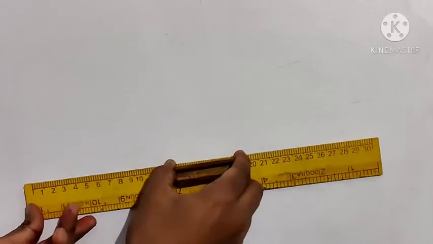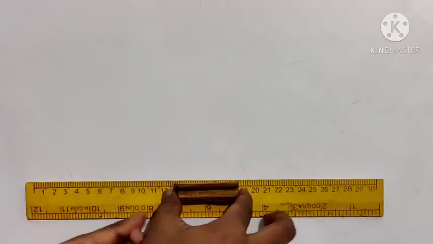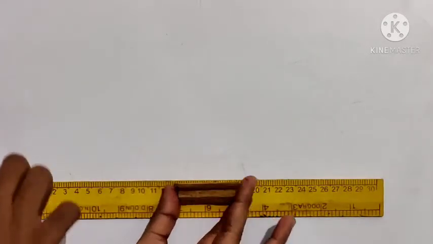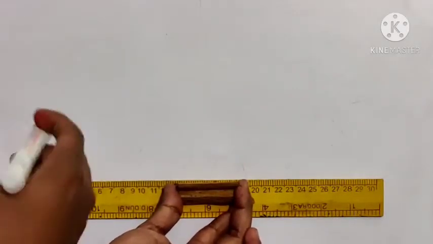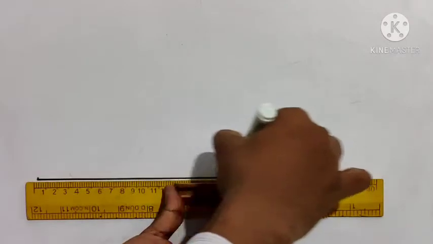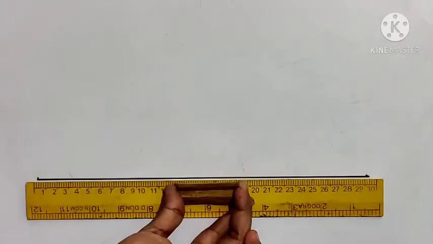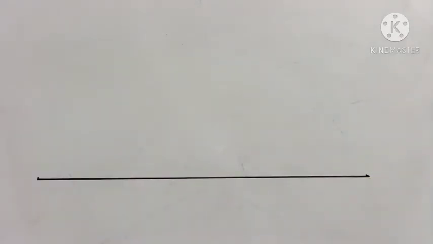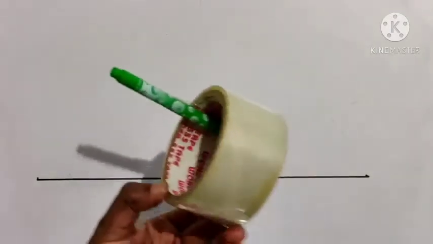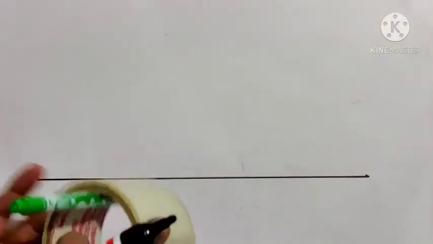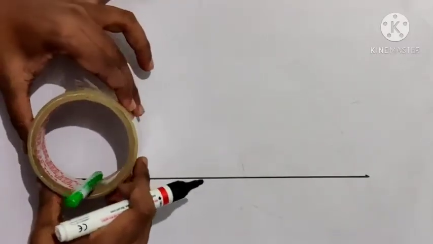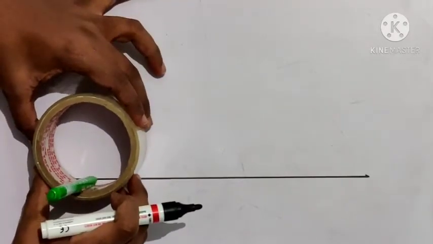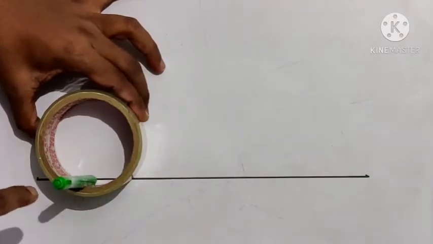I am going to position my scale something like this, and let's assume this is my baseline. I am going to mark a line something like this. Over this line I am going to place this cello tape, and this is nothing but my generating circle. In order to trace the point, I have fixed the sketch here.